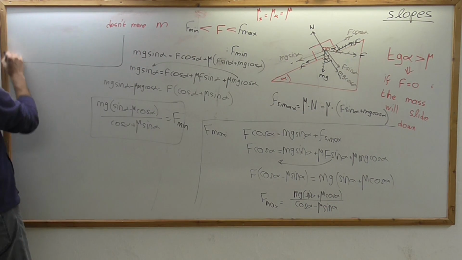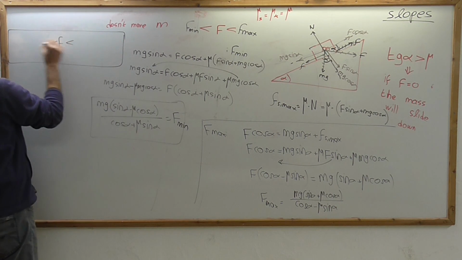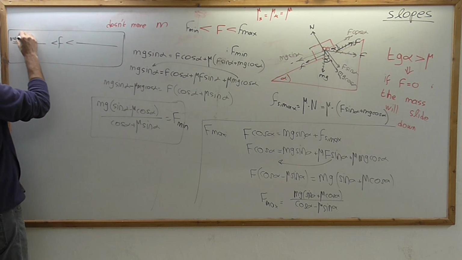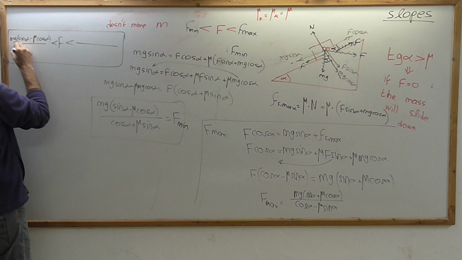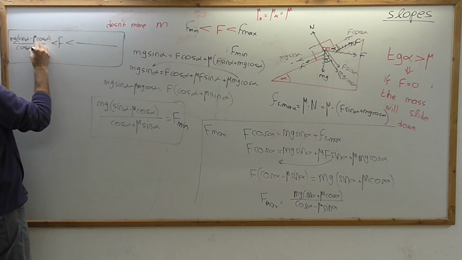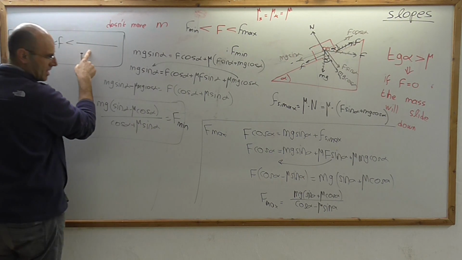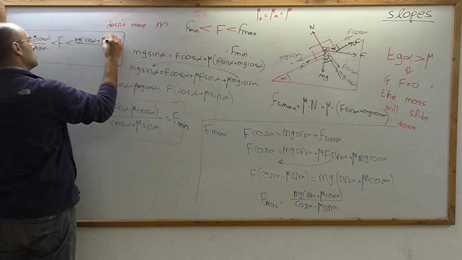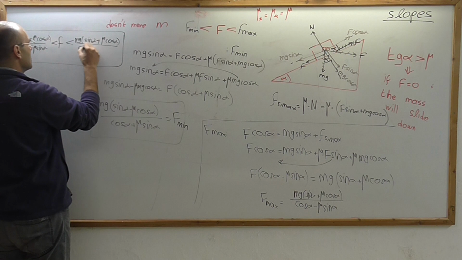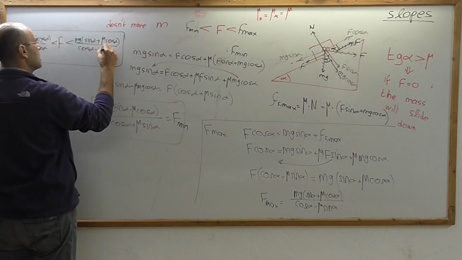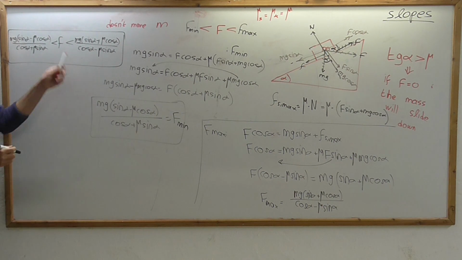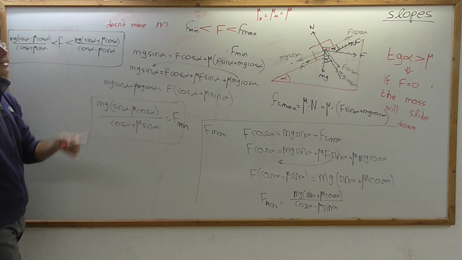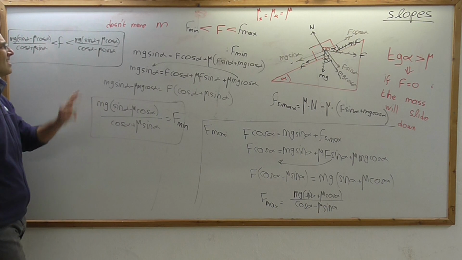So now I can conclude and say, if F is between this one, mg sine alpha minus mu cosine alpha over cosine alpha plus mu sine alpha, and this one, mg sine alpha plus mu cosine alpha over cosine alpha minus mu sine alpha, if F is between these two, whatever these values are, the mass won't move, and the tendency changes.